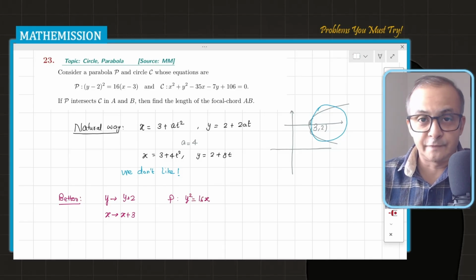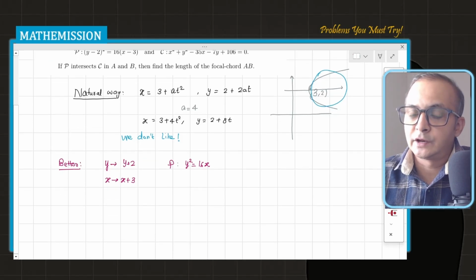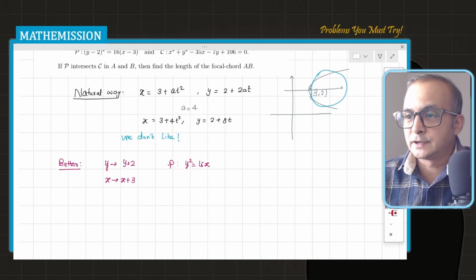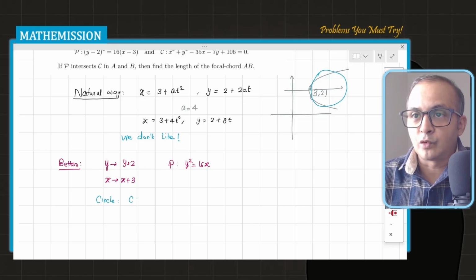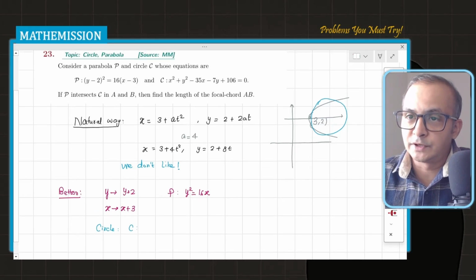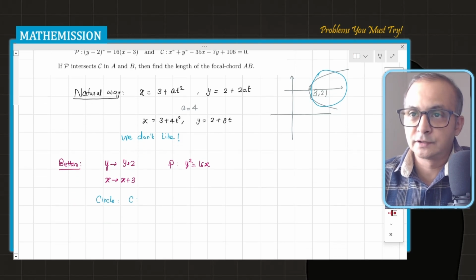But the same shift you have to give to the circle. So for the circle, a similar shift I have to do. For circle C, in place of y, I'm going to substitute y plus 2, and in place of x, I'm going to substitute x plus 3. Let's do it.